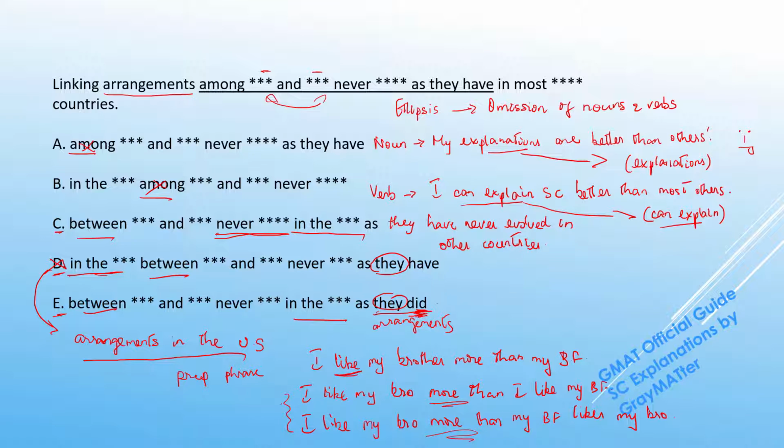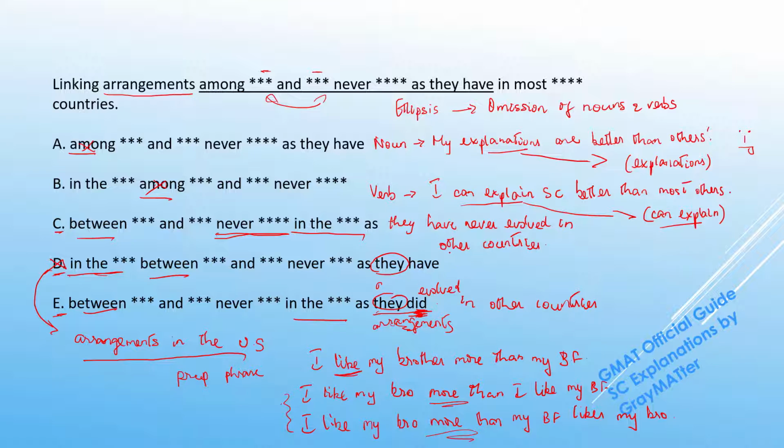And in E, because they are mentioning the did here, this sentence becomes as the arrangements evolved in other countries. So the verb did here is a direct reference to the verb evolved and not never evolved, because if that's the case, then instead of did, they would say didn't, as they didn't in other countries.